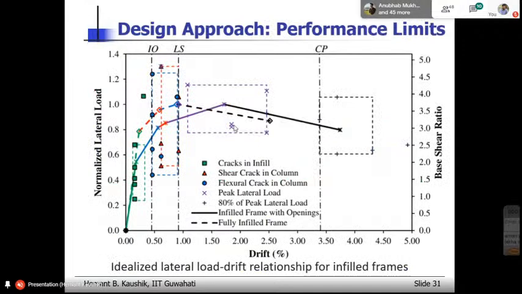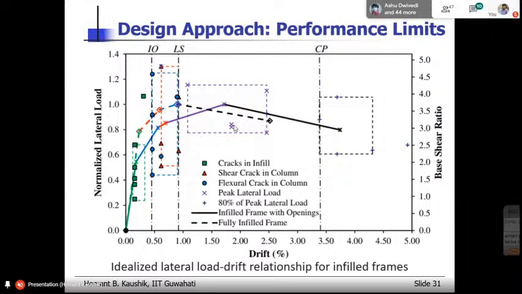Now, this is a step ahead, the next step in the design. So let us say you are interested in doing the performance-based design of these infill frames. For that purpose, you need to know what will be the permitted drift values for different performance limit states.